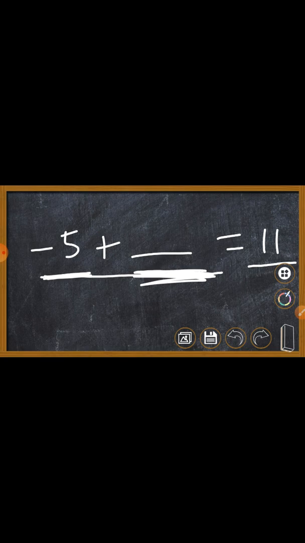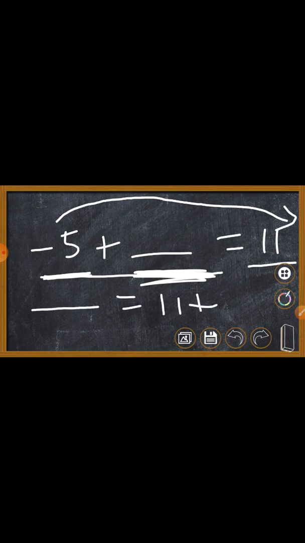So to leave the blank alone on one side, you need to take this minus 5 to the other side. So minus 5, when it goes to the other side, becomes plus 5. So you will write blank is equal to 11 plus 5. What is 11 plus 5? 11 plus 5 is 16. So you write down 16 over here.